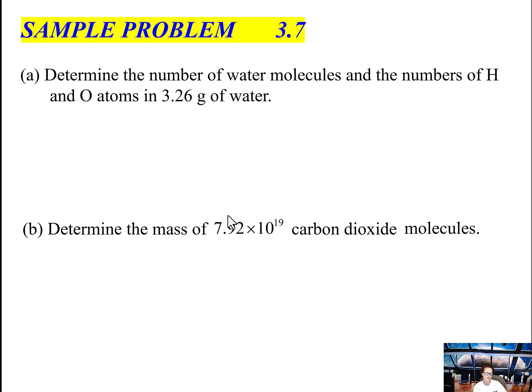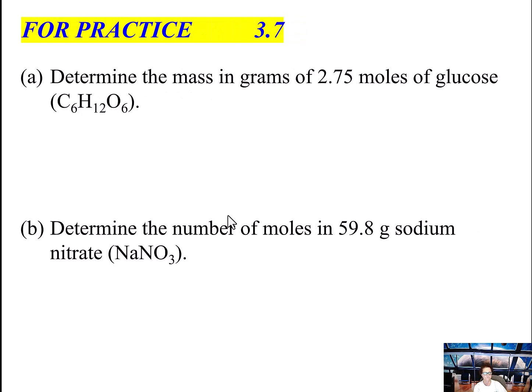You should have an answer sheet with the correct answers for all of these so you can see if you're doing them correctly or not. There's another one for your practice. You should be able to do it. You're just building all these skills that we have been working on up to this point.